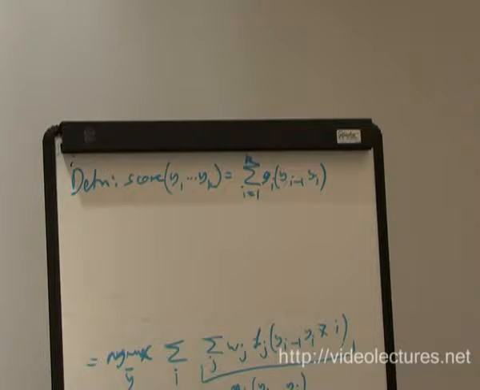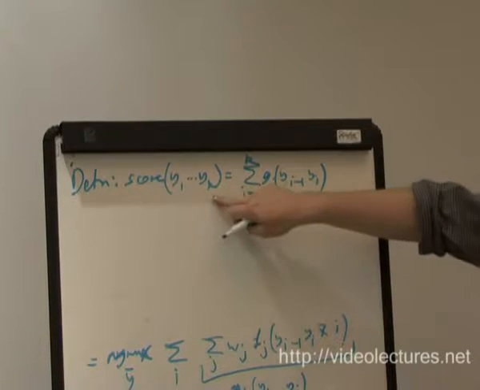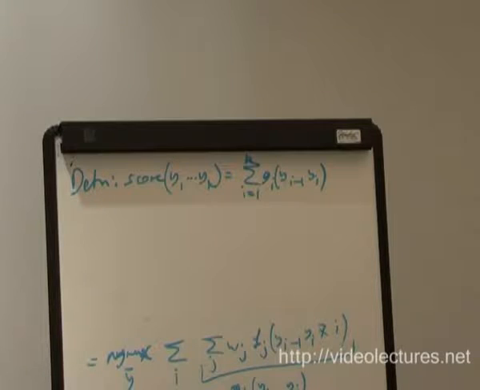So for any particular sequence of tags, y1 through yk, which starts at the beginning of the input sequence but doesn't go all the way to the end, I can talk about the score of that sequence of tags.